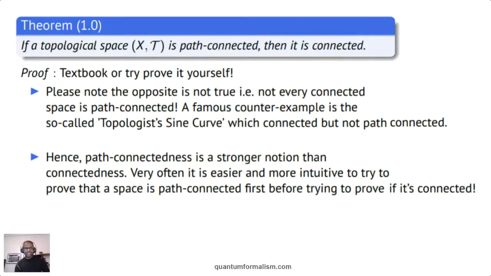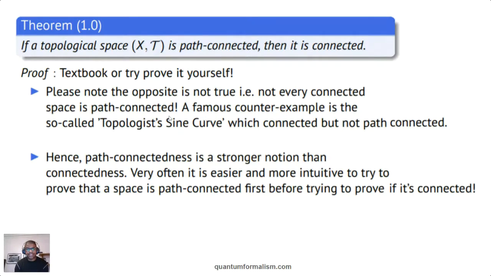This is what people often do when they want to prove that a space is connected. The first thing they try is to see whether it's path connected, because path connectedness is a stronger notion, and from an intuitive point of view, you can have a pretty good idea whether a space is path connected or not just by looking at it.